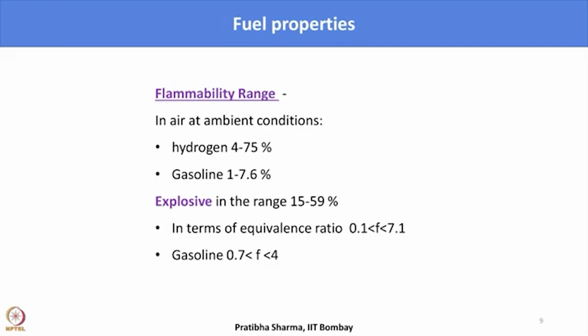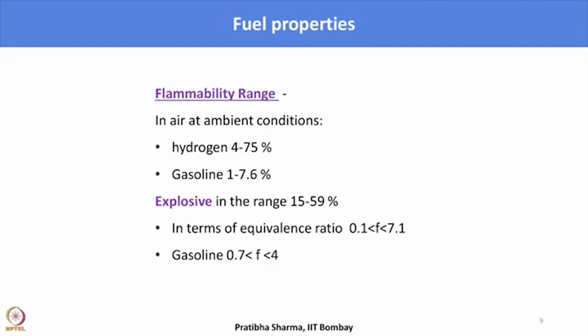For hydrogen, this flammability range is very wide, 4 to 75% by volume, so concentration percent. For gasoline, this is 1 to 7.6%. Similarly, we can define the explosive limit, which is the range of concentration which will cause explosion when it is mixed with air and ignited. However, there is a difference between fire and explosion.